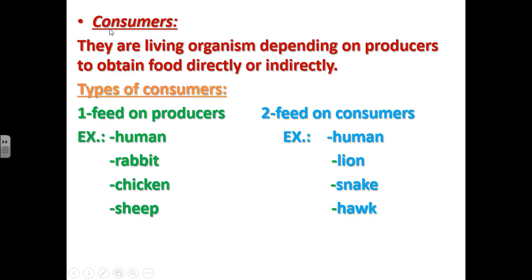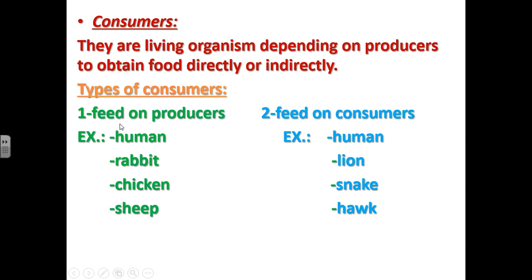Number two, we have consumers. The second type of living organisms is consumers. They are living organisms depending on producers to obtain food directly or indirectly. What does that mean?